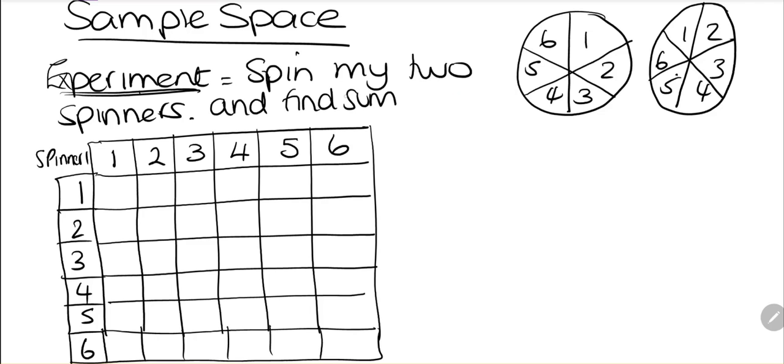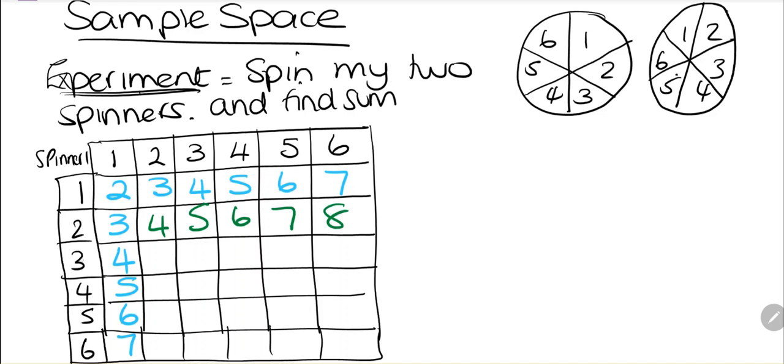If I was to spin, I would get 1 and 1 is 2, 3, 4, 5, 6, 7. So I could get a 2 and a 1, which would score 3, 3 and a 1 would score 4, 5, 6, 7. I could also score 2 and 2, which would be 4, 5, 6, 7, 8.